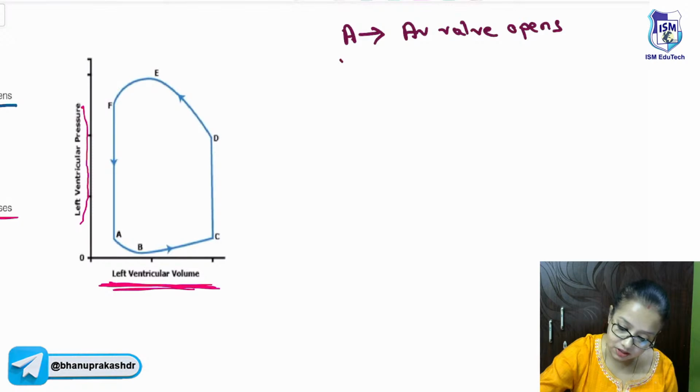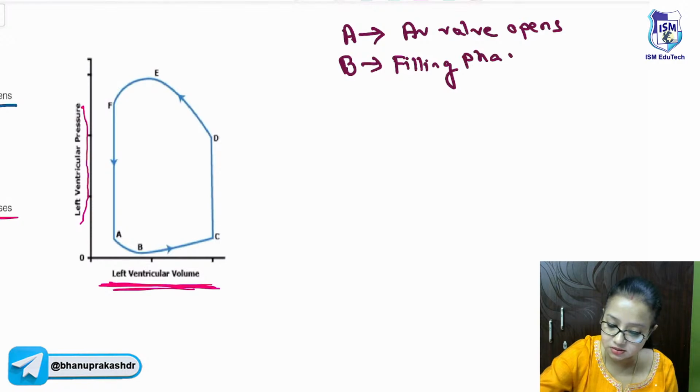After A, now A to B, what is the B point? B point is the filling phase. Again, B to C, what does it signify?